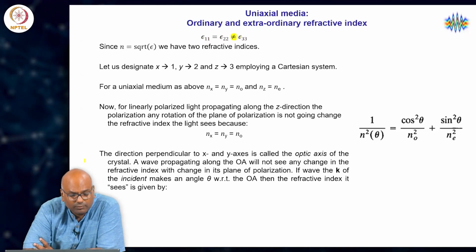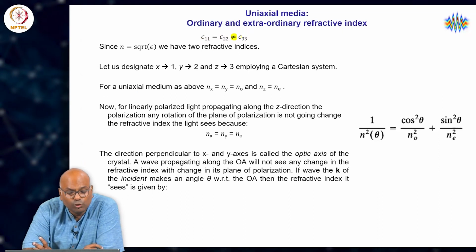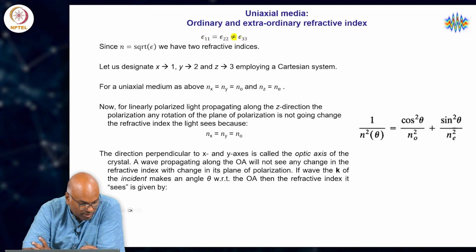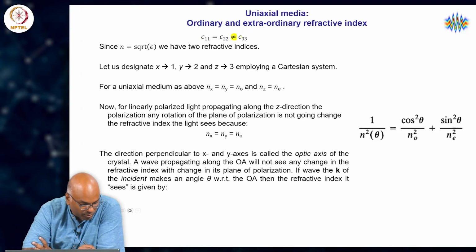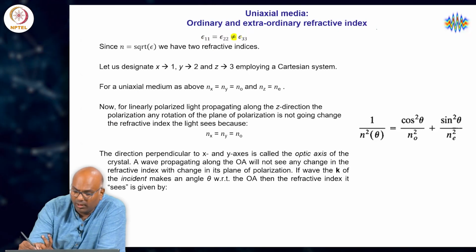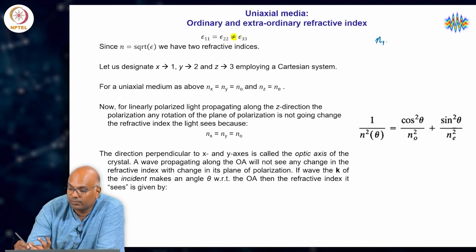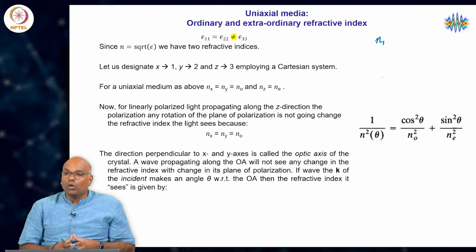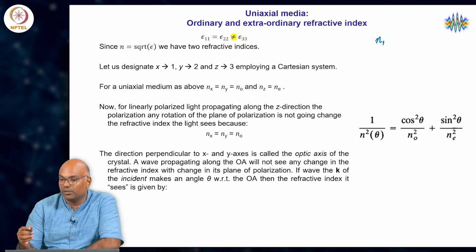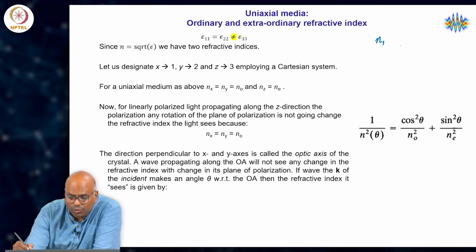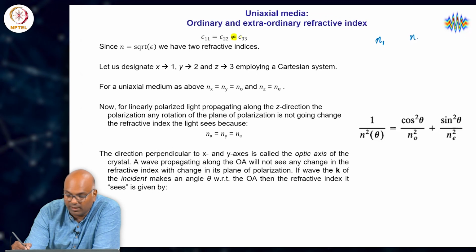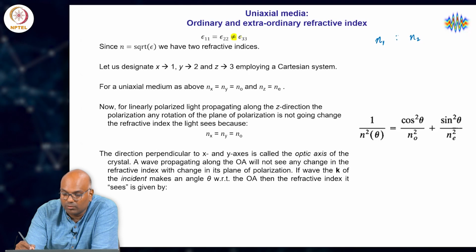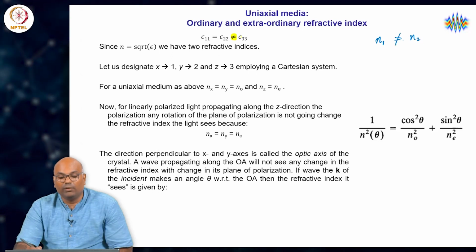Then such media have two distinct refractive indices which depend on the direction of polarization of light. From in this discussion, when I say refractive index, I mean only the real part of the refractive index. Okay. So, there are two refractive indices, say n sub 1, n sub 2, which are not equal to each other.